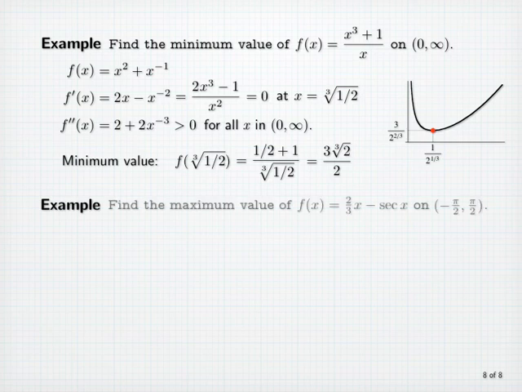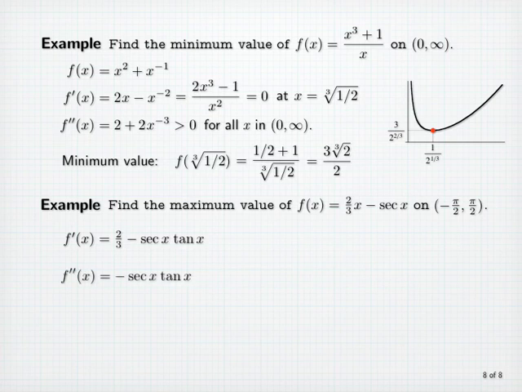Another example. Let's find the maximum value of f of x equals 2/3 x minus secant x on the interval from minus pi over 2 to pi over 2. We'll take the derivative first. It's 2/3 minus the derivative of secant x, which we recall is secant x times tangent x.